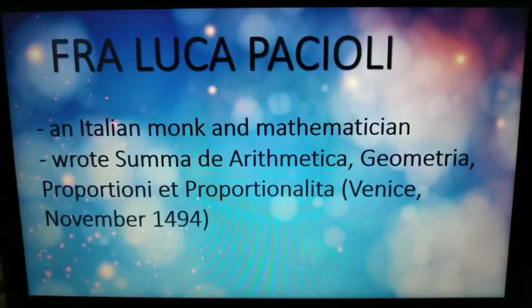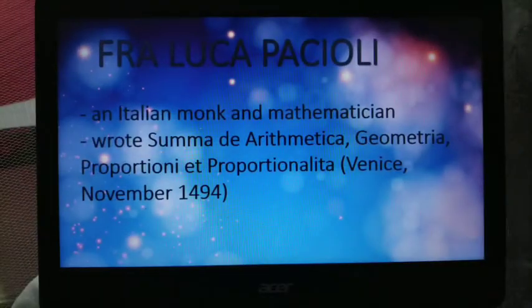Okay. So, why do we even have accounting? The one to blame for why you need to learn accounting in achieving your goal as a certified public accountant is our Italian monk and mathematician who wrote Summa de arithmetica, geometria, proportioni et proportionalita in Venice, November 1494.